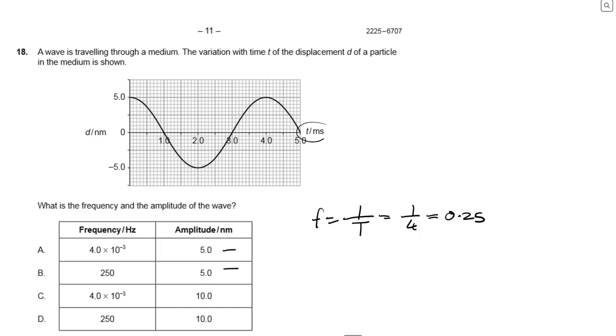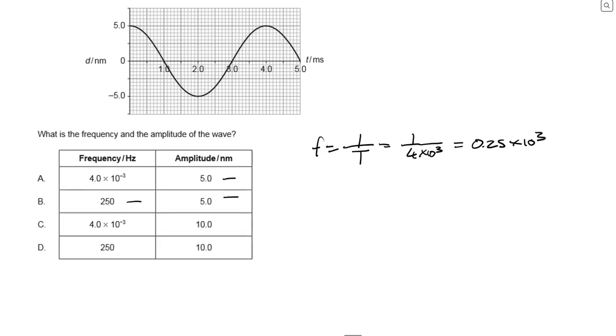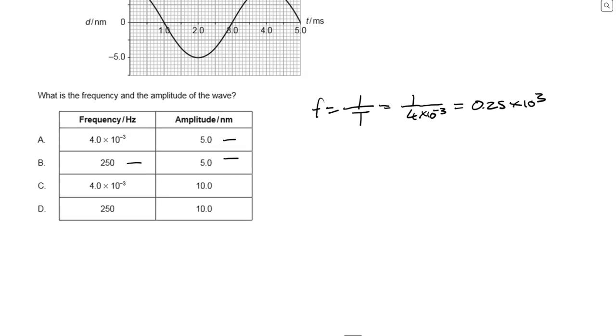But we have milliseconds, so it's times 10 to the 3. So that would be 0.25 times 10 to the 3, and that's 250. Sorry, 10 to the negative 3.